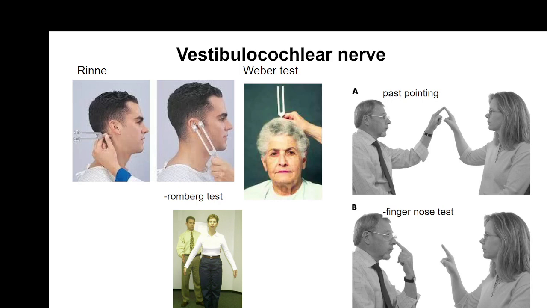Then comes the coordination test. Coordination is also a part of the functions of the vestibulocochlear apparatus, and the vestibular component has that function. The test is done by having the patient coordinate certain movements. Simple standard tests are past pointing and finger-nose. In past pointing, the patient is asked to touch the finger of the physician.